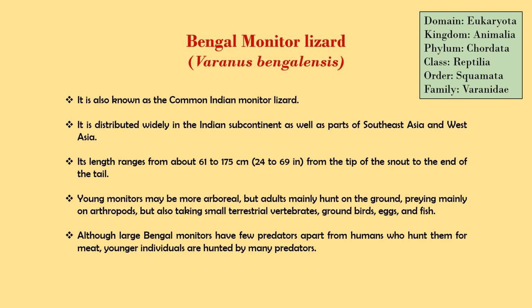They also feed on the eggs and young ones of birds, and the carcasses of dead animals also. And they have fat deposits in their tail and body that serve them in conditions when prey is not easily available.